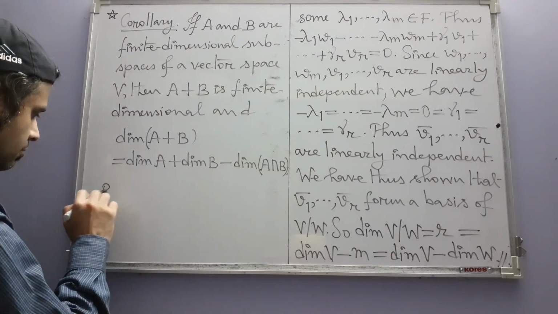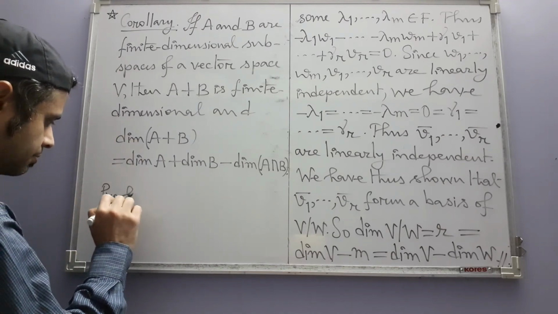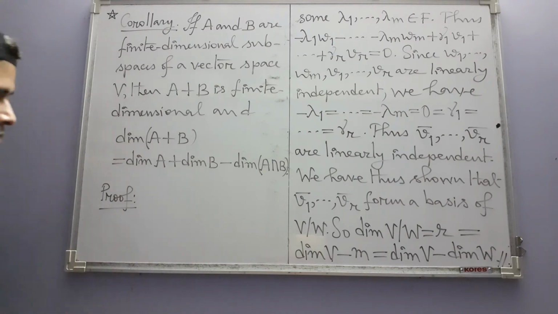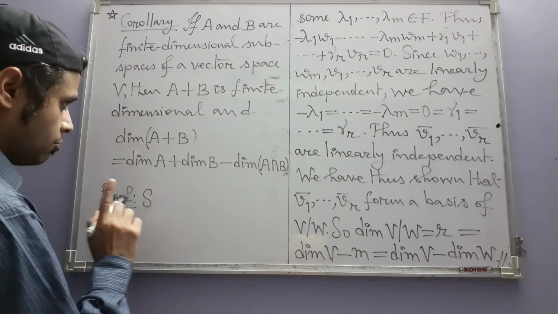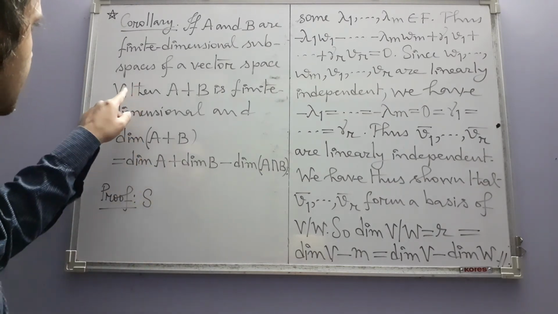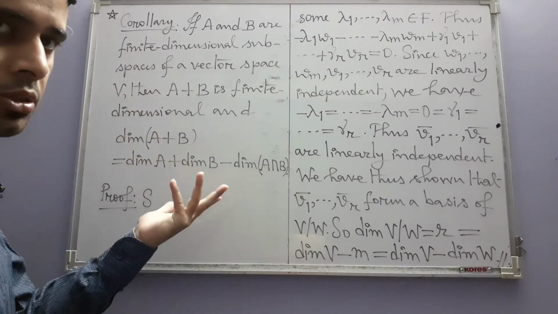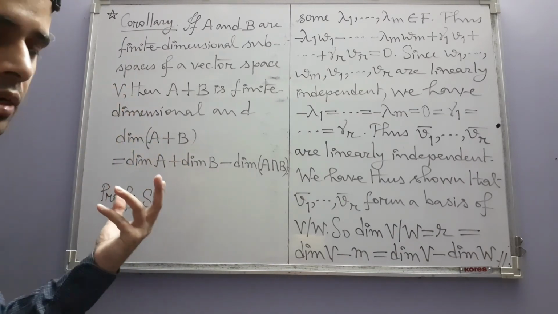Okay, so let's see the proof. Note that the original space V may not be finite dimensional, but the subspaces are finite dimensional. That is given.